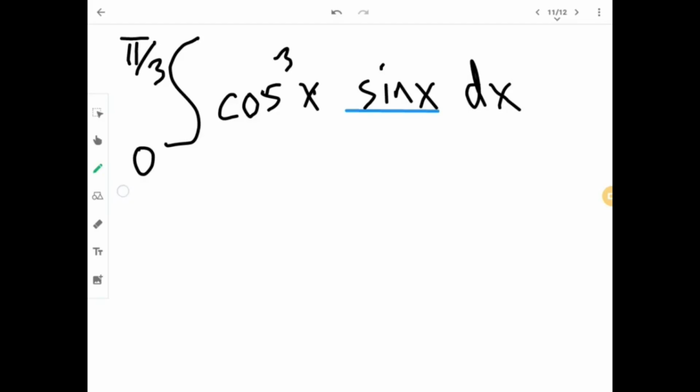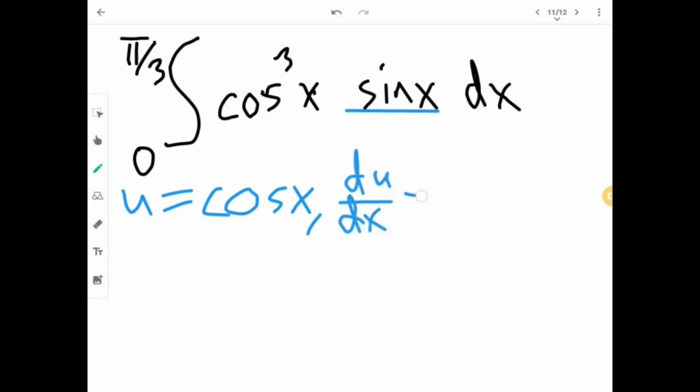So u equals cosine x, du/dx equals minus sine x, the derivative. You can't mathematically do this, but you can do it for visualization.